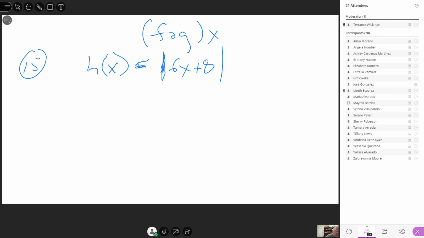It might have looked like 16, but it was 6. So we have 2 equations in here.